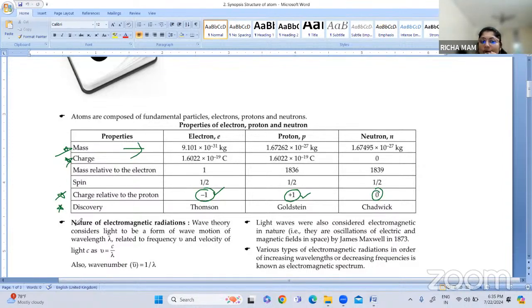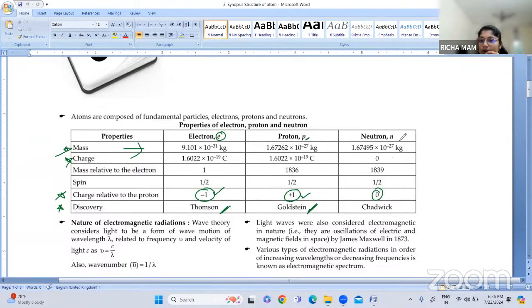Then the next point which you have to remember is the discovery. Who discovered? Electron, it is represented by e, and it was discovered by Sir Thomson. Then proton, it is represented by p, and it was discovered by Sir Goldstein, a scientist.